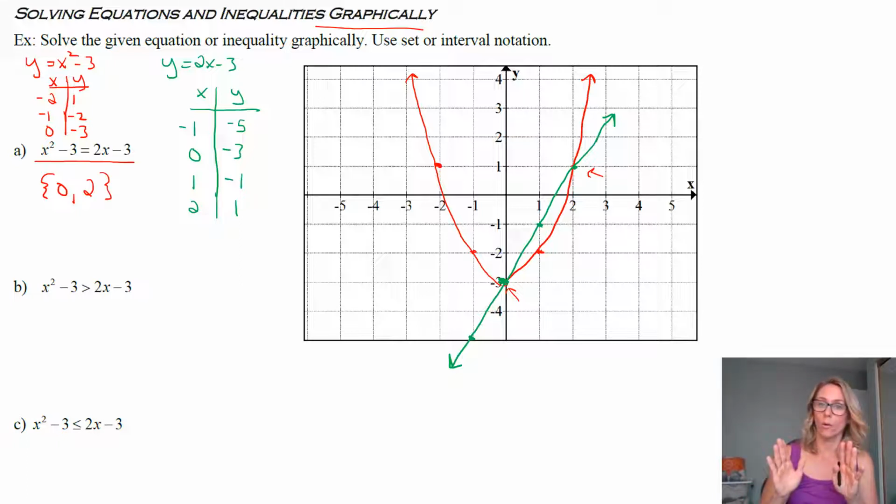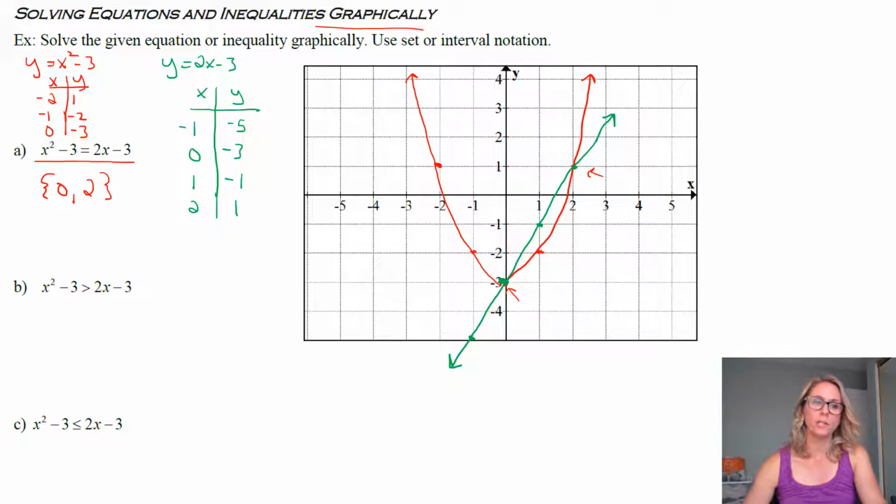So those are the two x values where these two sides are equal, which, if we look at them as functions, is where they intersect. If you were to solve part A algebraically, you would get 0 and 2. You would bring everything to one side, factor it, and get it. We're just looking at it graphically.